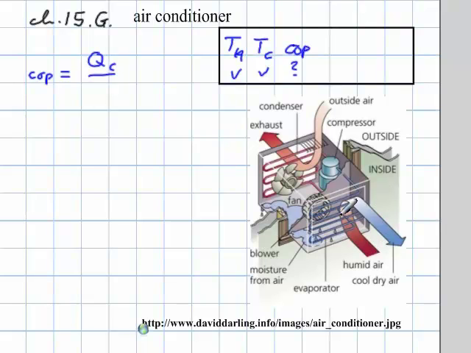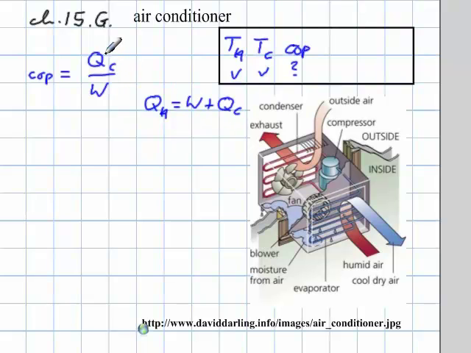Then there's electrical energy that moves that heat to the outside, and the exhaust heat out here is the energy removed from the house plus the work being input. So QH, the exhaust heat, equals the electrical work put in plus the heat actually removed from the house.